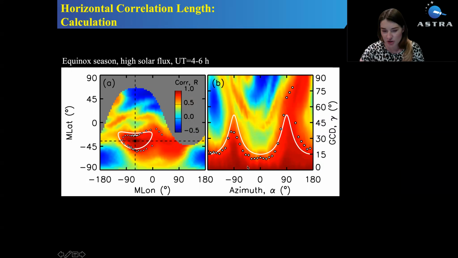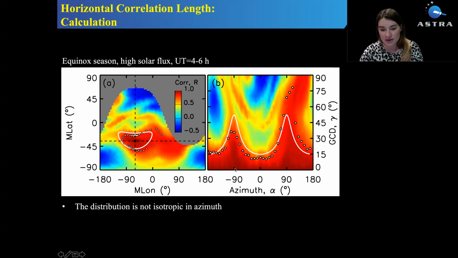Panel B shows the same information, but as a function of azimuth, and the y-axis is the great circle distance from the reference point. Right away we can see that the distribution is not isotropic in azimuth. For example, at negative 90 degrees of azimuth, the correlation drops faster than at positive 90 degrees of azimuth.